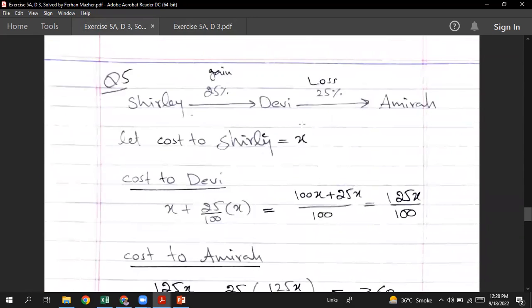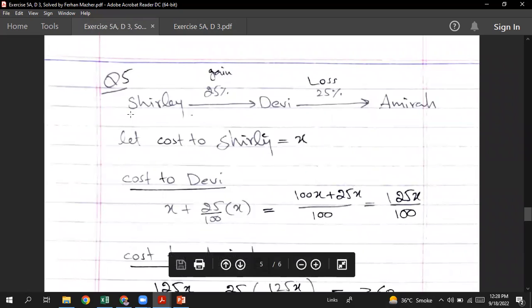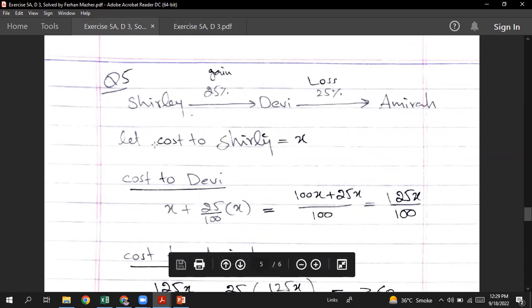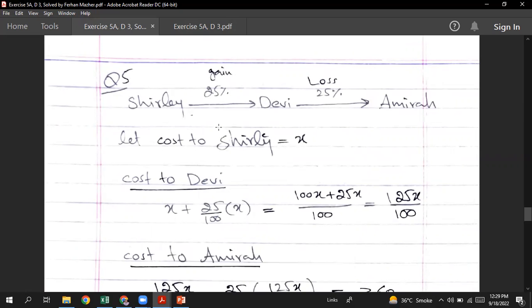Okay, so the story of the question is that Shirley sold it to Devi and she made a profit of 25%. And when Devi sold it to Amira, she got a loss of 25%. So we will suppose that the cost to Shirley, she bought the thing at X dollars.